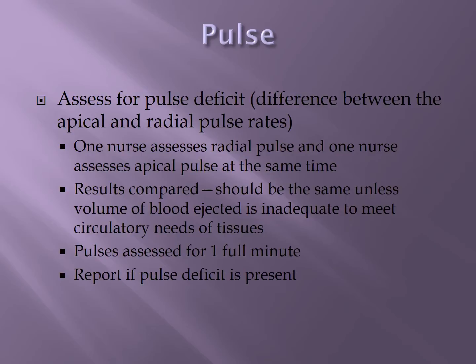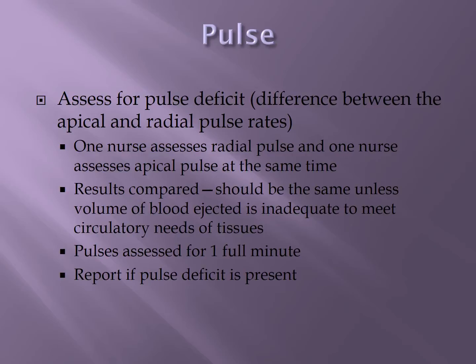Now, if everything in the body is working like it's supposed to, the apical rate will be the same as the radial rate. But if there is a problem with blood flow going to that radial artery, the results are not going to be the same.